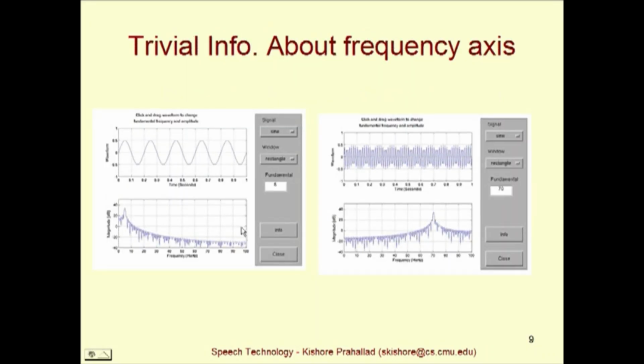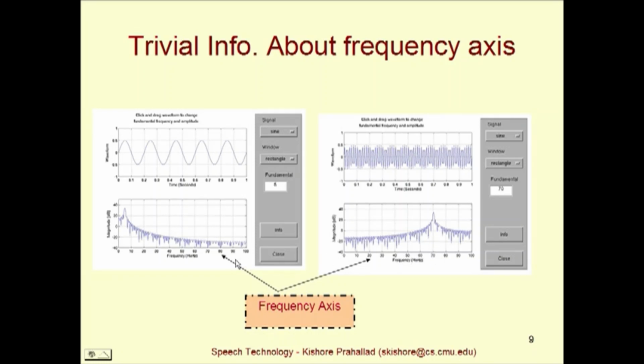So let's look more into the diagrams which we have seen earlier. There are 2 signals. This is one signal with 5 cycles per second, and you are getting a peak at 5 Hz. This is another signal with 70 cycles per second, and you are getting a peak at 70 Hz here.